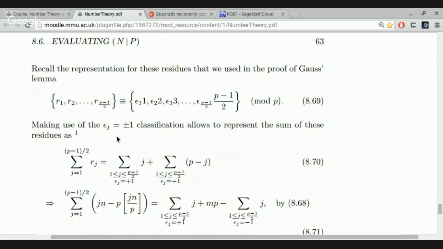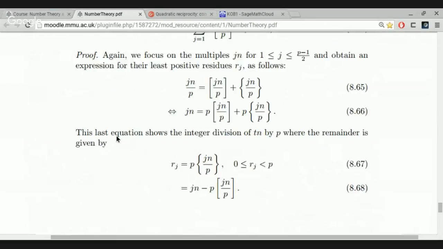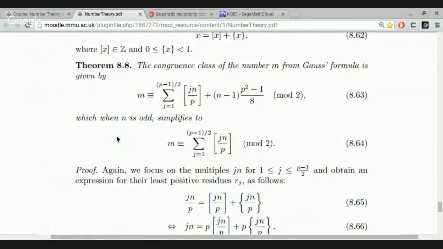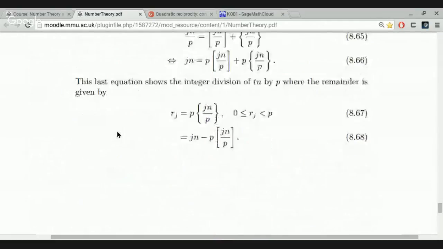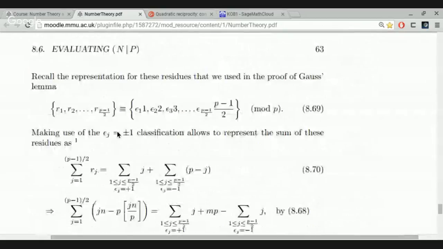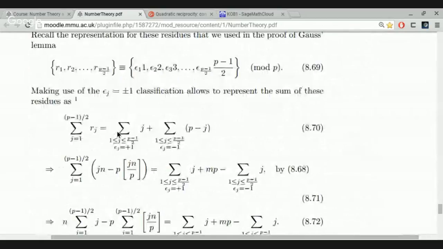Now, to start to work towards the result, you see the result has the summation of all these integer parts. So we'll construct that by adding up all the remainder terms rj. We're going to add all these numbers together, r1 plus r2, etc., up to rj. We can break apart this sum as adding up all the j's which have a positive sign attached to them, epsilon j.